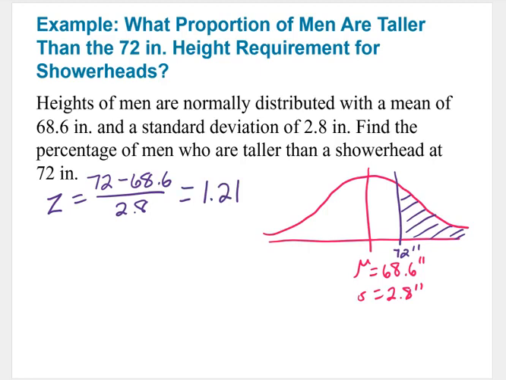All right, so now I'm going to have to go look at my positive z-score page on my table and find the percentage that corresponds with the z value of 1.21. When you look at the table, it's going to tell you the area to the left. So we're going to have to do 1 minus whatever that area is.